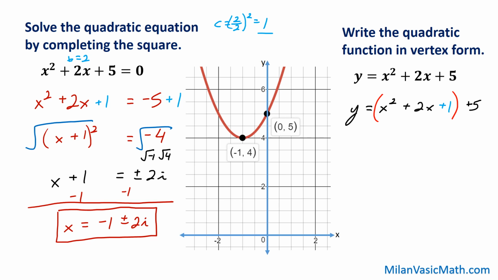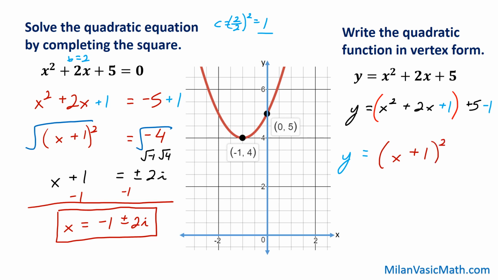If I subtract 1 from the same side, 1 minus 1 is 0. So essentially, I haven't added anything to the right side. I've just rewritten it. So then, I can just factor what's in parentheses. That's x plus 1 squared.